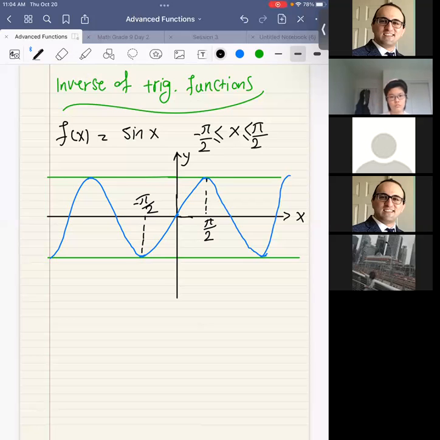And on this domain, you can see that the function sine is invertible. It's 1 to 1. So I just erase everything. So that means I restrict the domain to be in this interval.